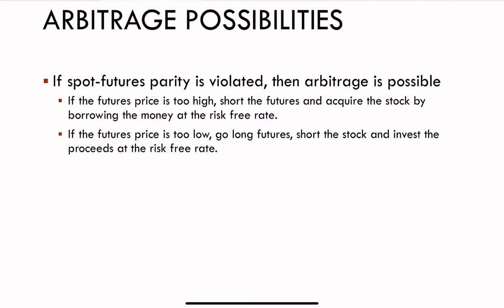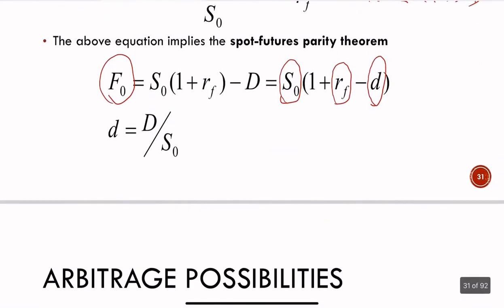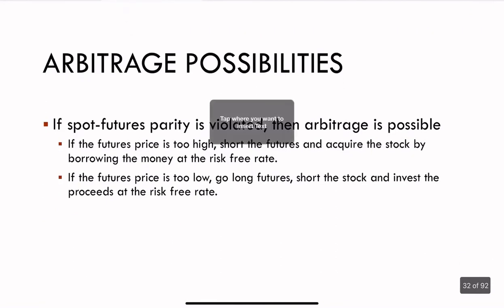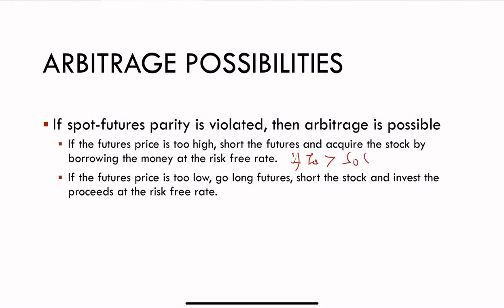So you might be able to guess this, right? If this spot futures parity result is violated, then we could possibly earn some arbitrage profit. For example, if the futures price is too high, that is, if F0 is larger than S0 times (1 plus RF minus D), right?